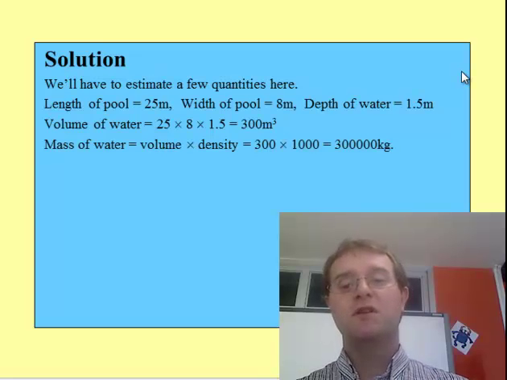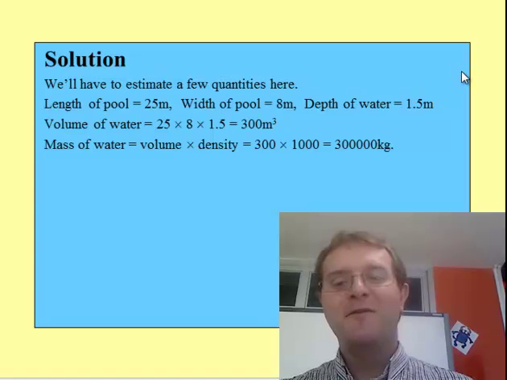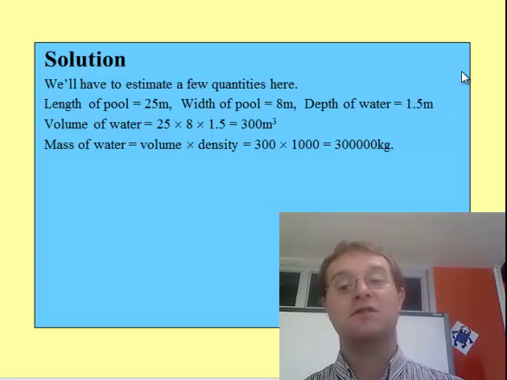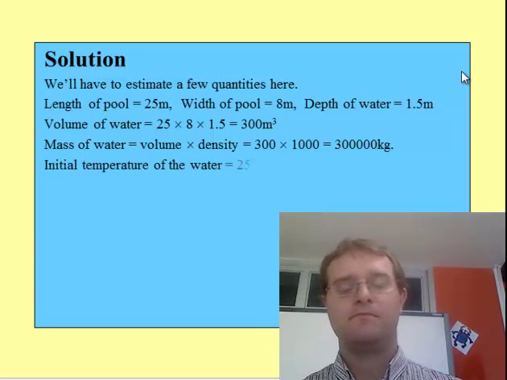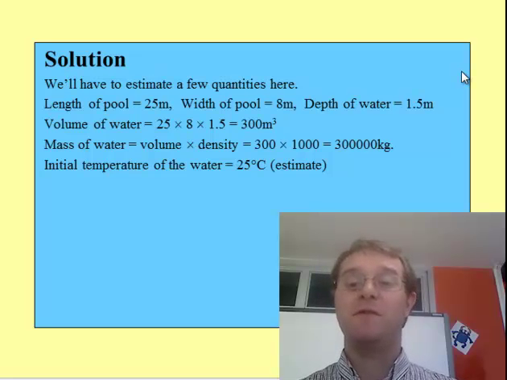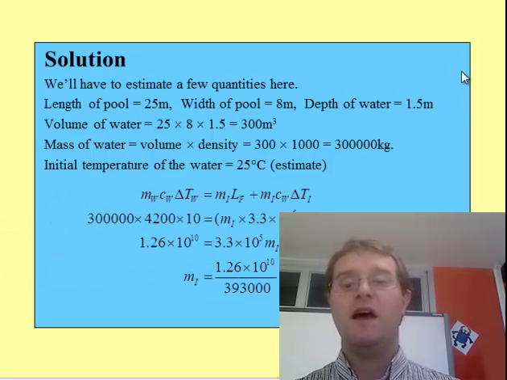The mass of the water, assuming pure water, gives me a value of 300,000 kilograms. Initial temperature of the water is going to be about 25 degrees centigrade, and I want to cool it down by 10 degrees centigrade. So the change in temperature of the water is going to be 10.